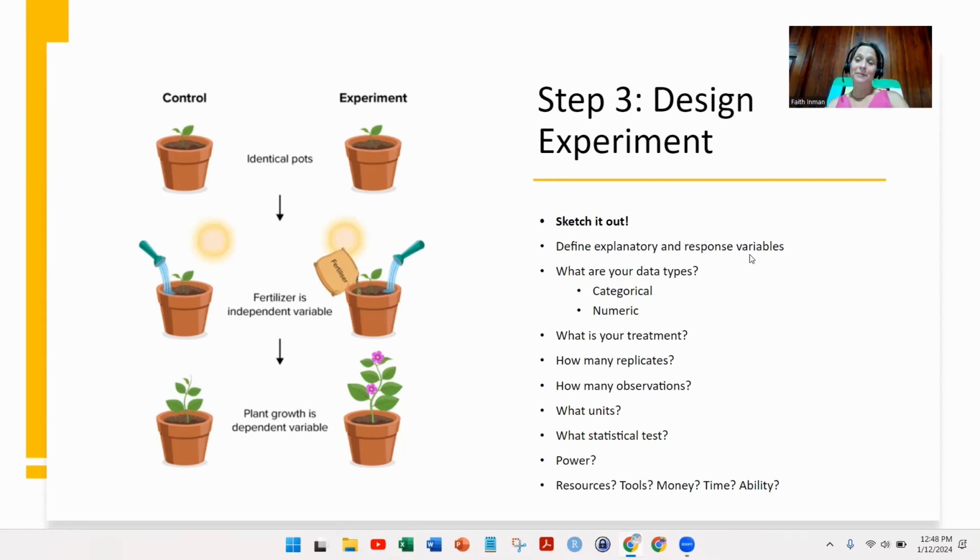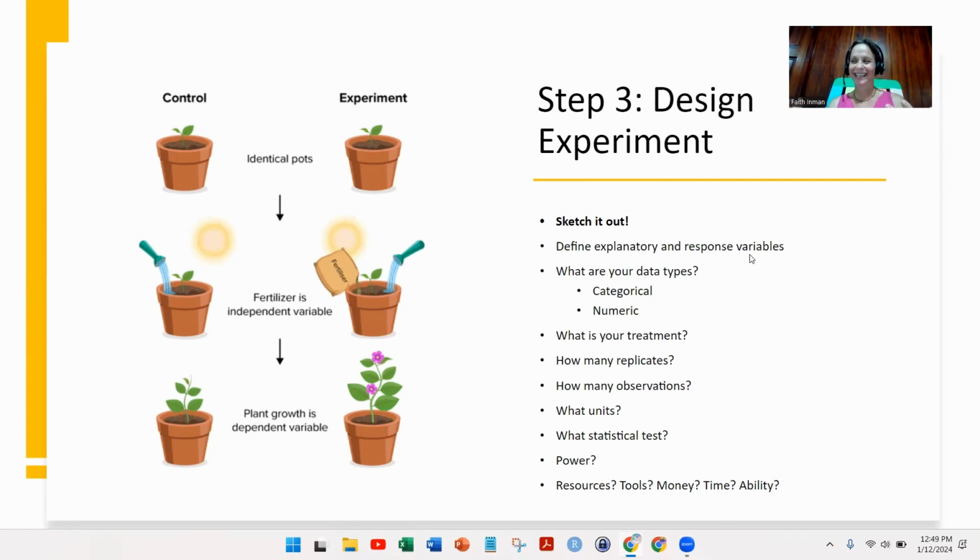And then you can ask, what's your data type? Once you know what your explanatory and response variables are, then what are your data types? Are they categorical? Are they numeric? That's key, right? Are you measuring plant growth in terms of a general category like big, little, medium, right?